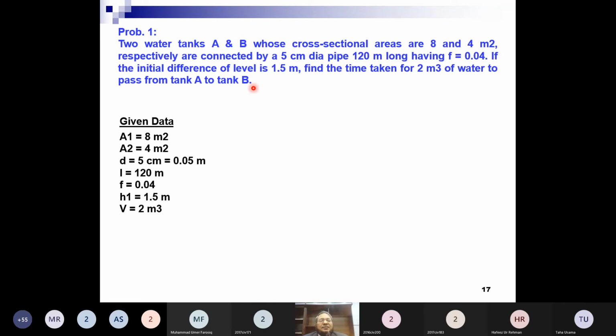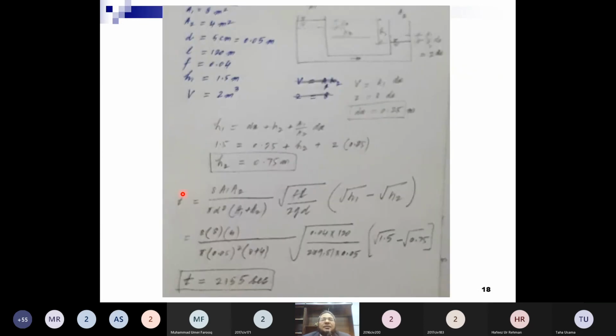Now they have not given us the value of H2. So H2 we have to determine by ourselves, okay? But they have mentioned that from tank 1, 2 cubic meter of water has gone into tank 2. So this is the solution. So this is the tank A, this is the tank B, and this is a pipe of length 120 meter and so on.